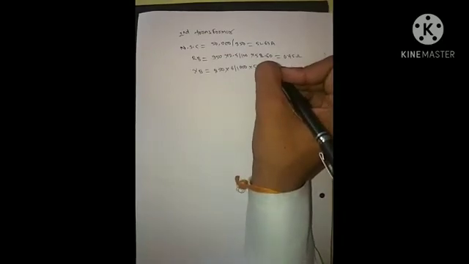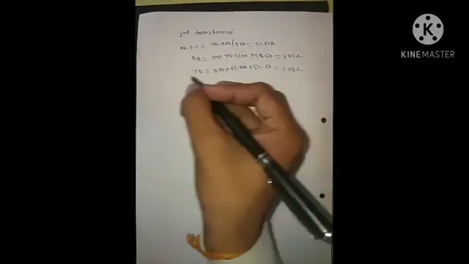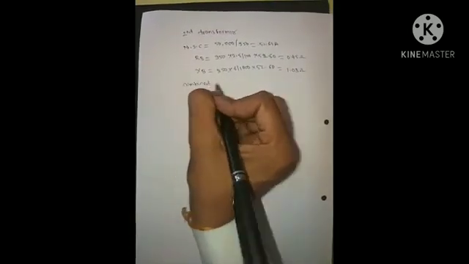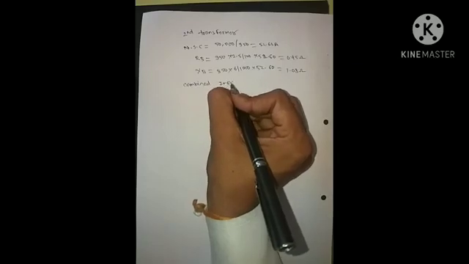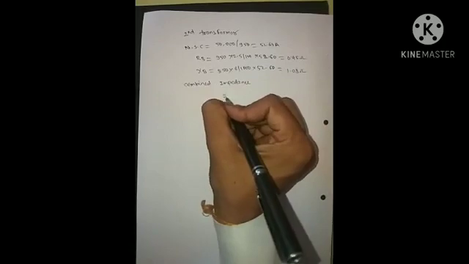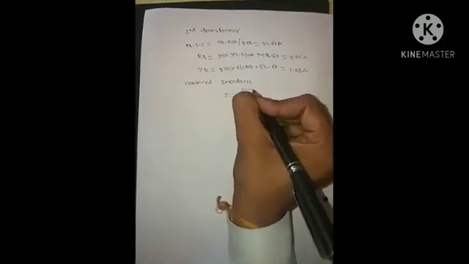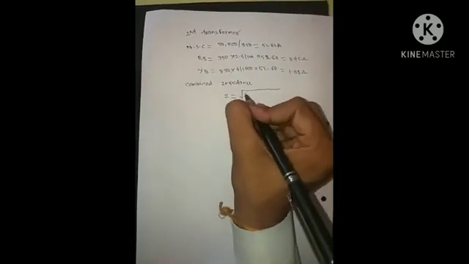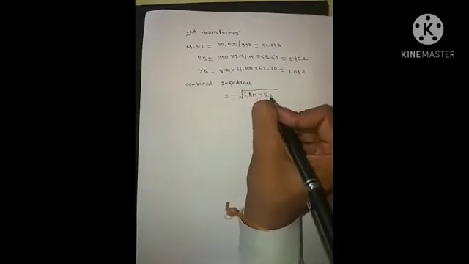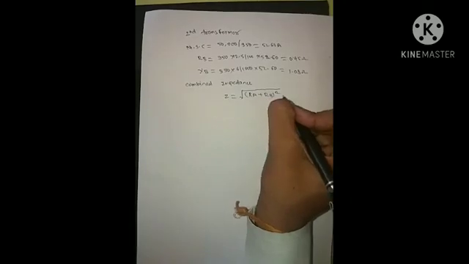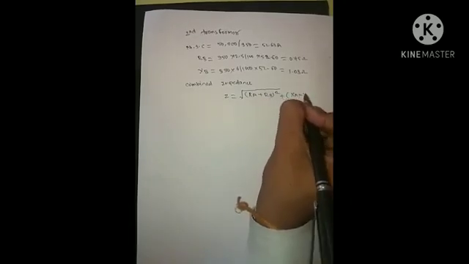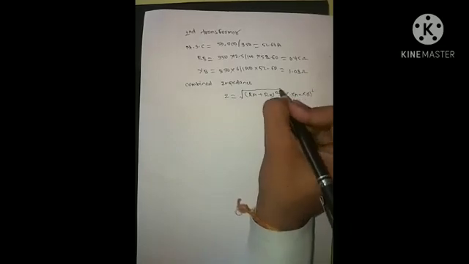The combined impedance of both secondaries is Z equals the square root of (RA plus RB) whole square plus (XA plus XB) whole square.